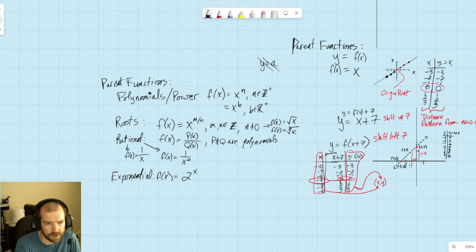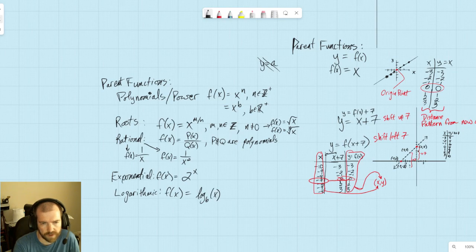So 2 to the x is good enough one to work with, and logarithmic. F of x is equal to log base b of x. And again, log base 2 is the most basic one we use. Although I do much prefer graphing, or no, I prefer graphing whole numbers, but I much prefer using natural logs just because it's easier to write it as like a quick little loop.